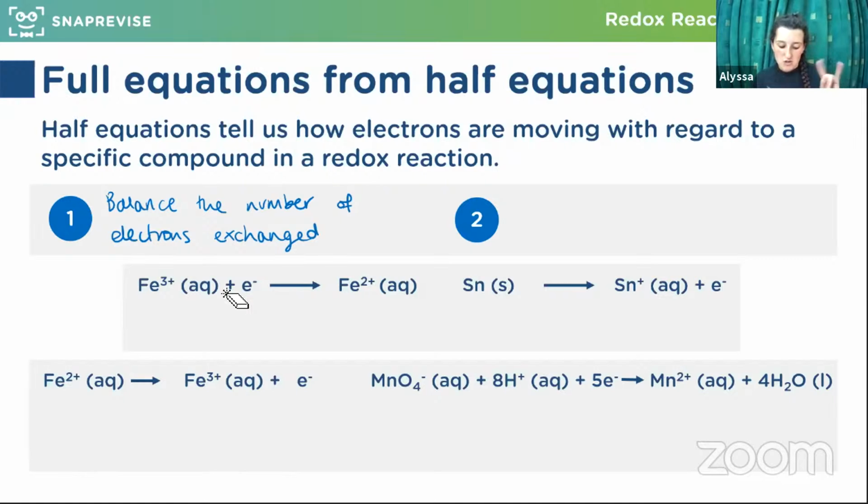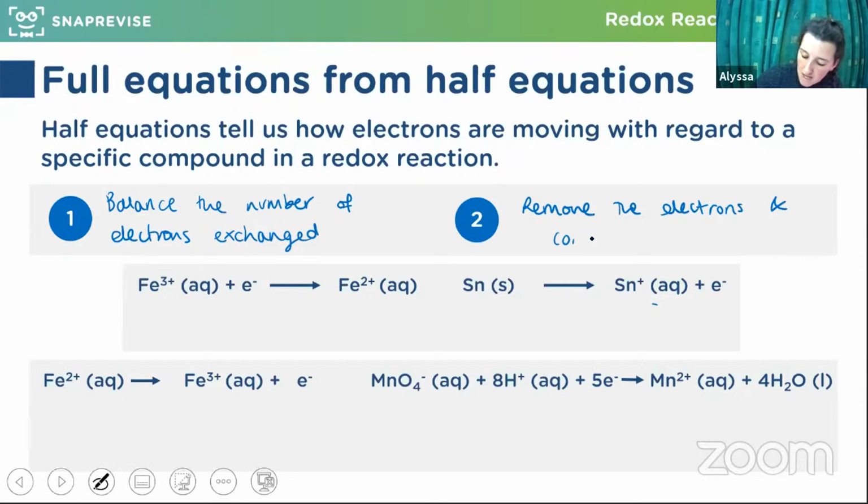So we balance the number of electrons being exchanged so that we know the number of electrons being given up is the same as the number of electrons being gained, and then we remove the electrons. That way we know, hopefully, we will have a balance of charge and a balance of mass in our overall equation. So then we remove the electrons, and combine the half equations.